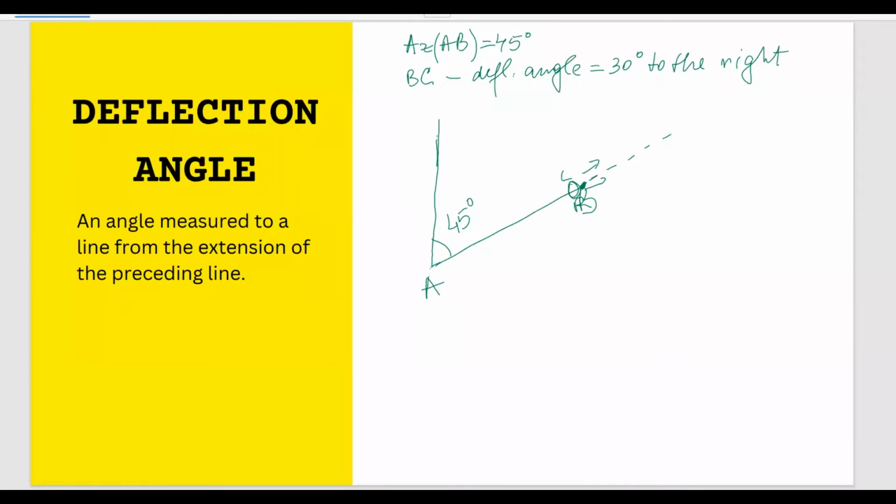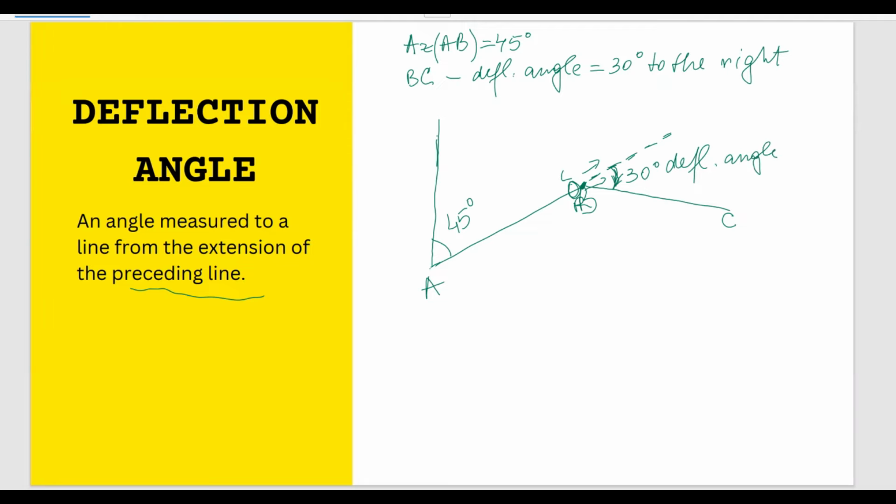That means that from the preceding line, as we're told in the definition, from this line, I have to deflect 30 degrees to the right. So I'm going to deflect in this direction. So the line BC goes all the way, and this is 30 degrees. So this is my deflection angle.